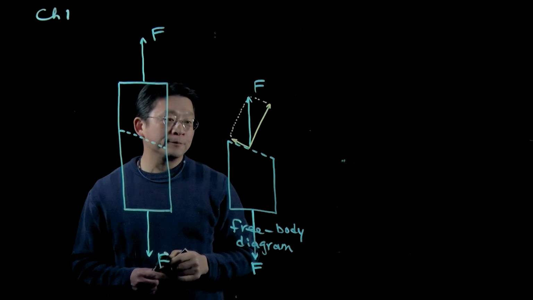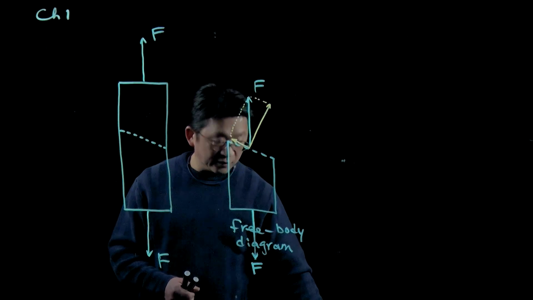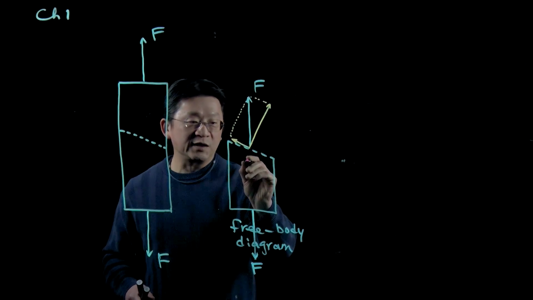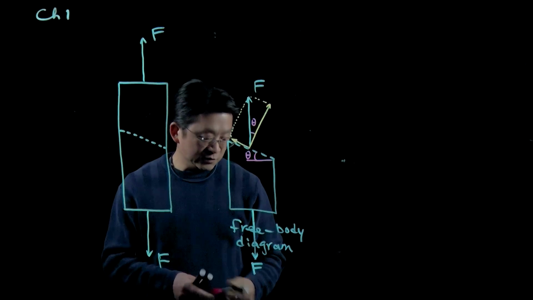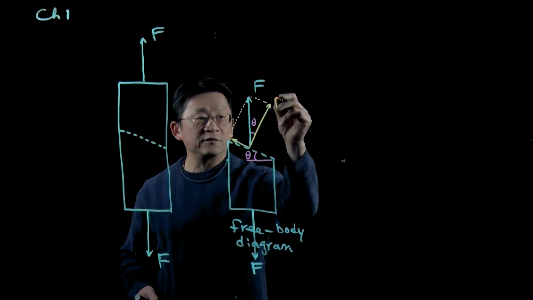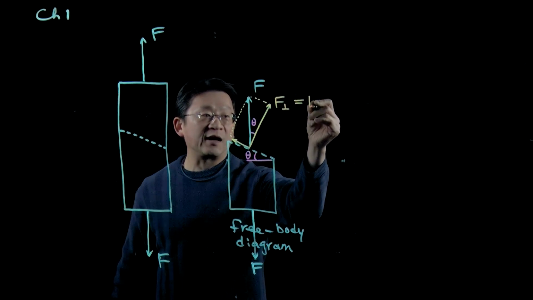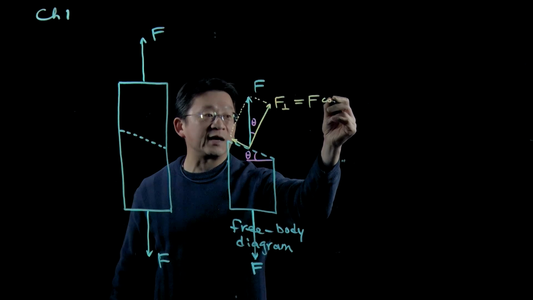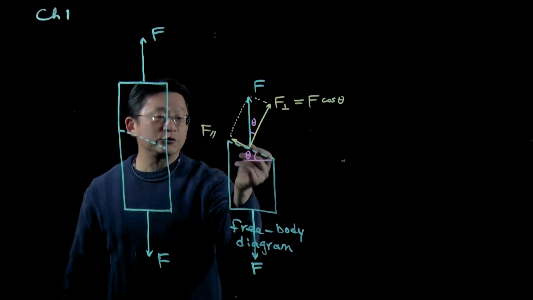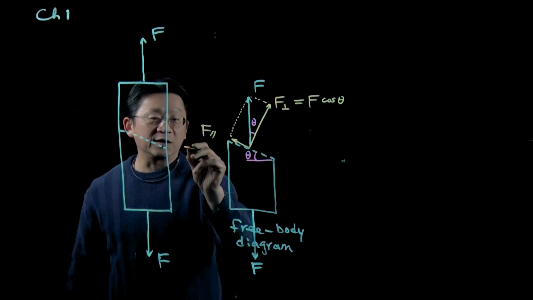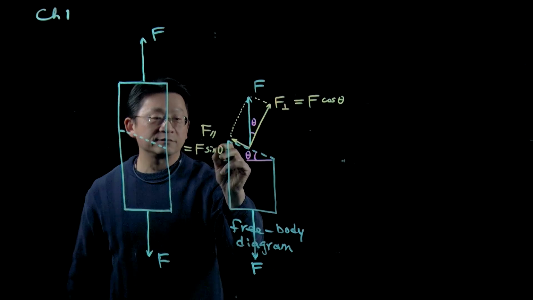If this is the angle theta here, then the force component normal to this section can be calculated by F times cosine theta. And the component parallel to the cross section is F times sine theta.